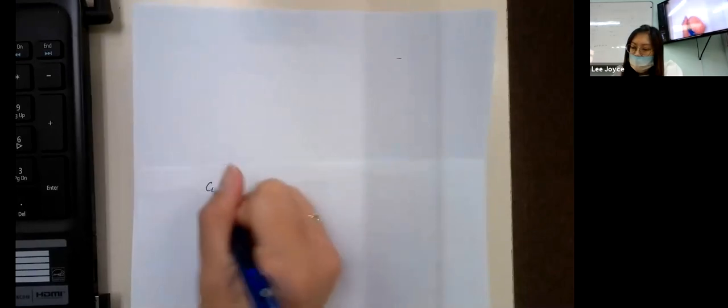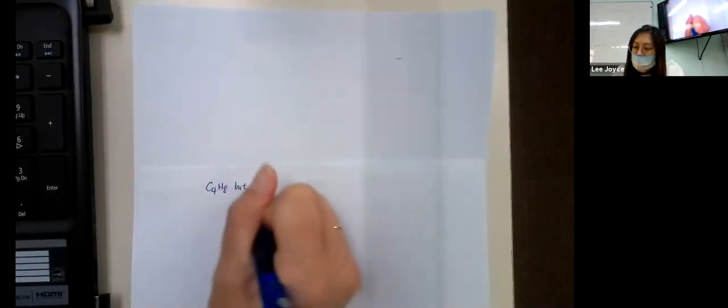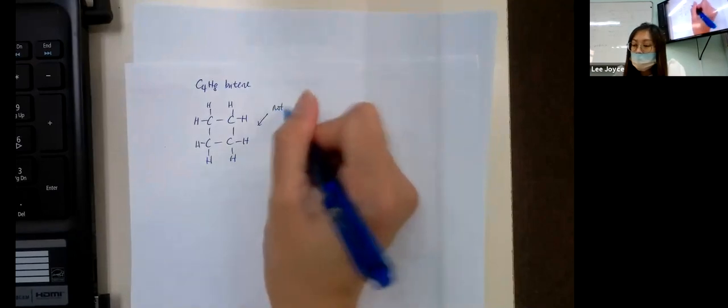The C4H8. You see, C4H8 is the butene, right? But it can also have an isomer that is in a different functional group. Like that. You're still with C4H8, but this is not an alkene.